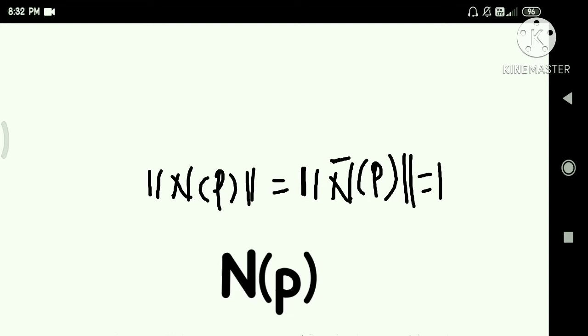Since the norm of N(p) equals 1, we can say that N(p) belongs to the n-sphere S^n in R^(n+1).